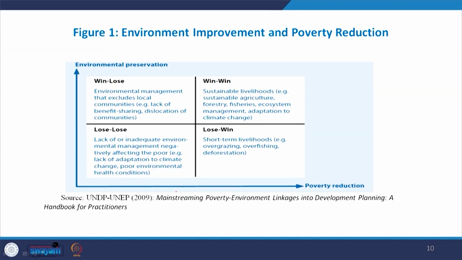Let me now conclude this lecture. In this lecture, you have studied about poverty environment nexus. Actually, poverty and environment nexus shows a two-way relation. Environment affects poverty situation in three distinct dimensions: livelihood, health and vulnerability.